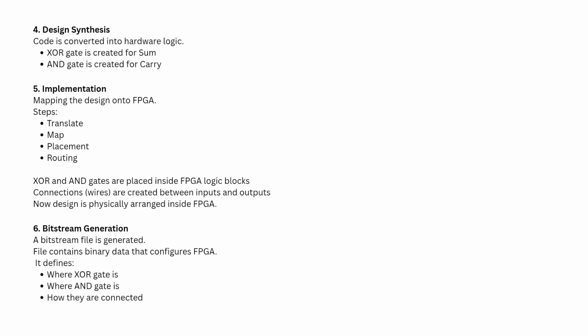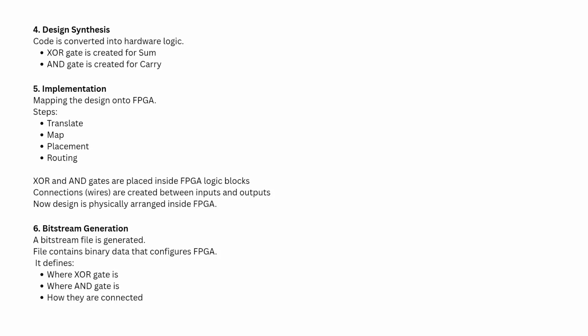In the next step, design synthesis, our code is converted into hardware logic, like an AND gate is created for carry and an XOR gate is created for sum. So our HDL code becomes an actual digital circuit. In the next step, implementation, this step basically includes mapping the design into hardware.